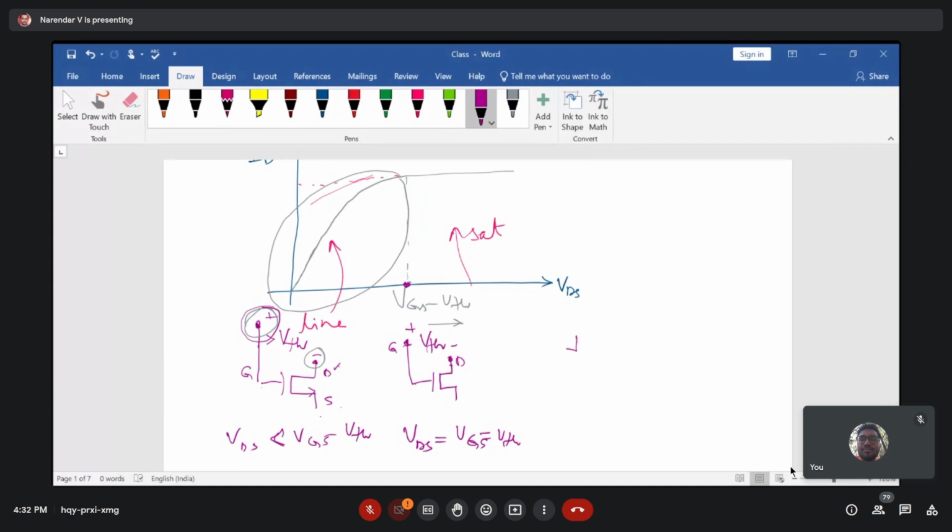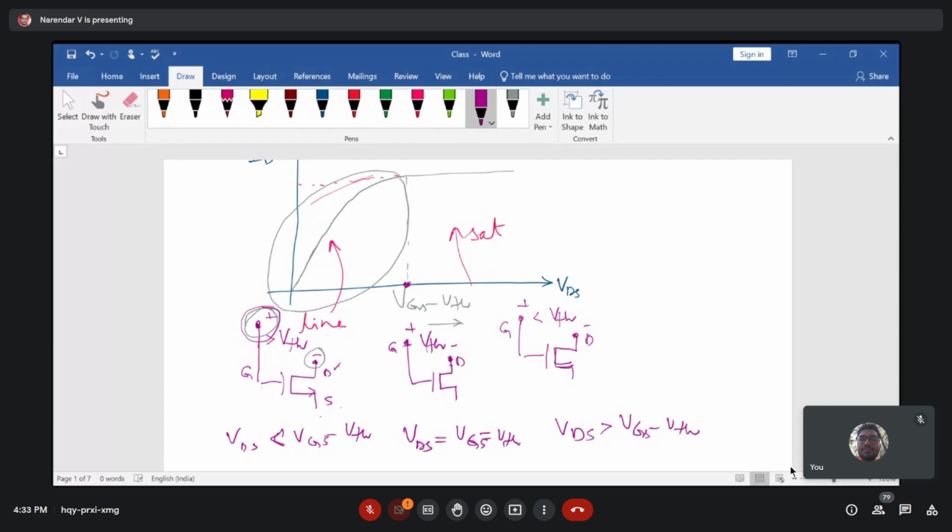Now I can consider another region of operation, where it is under saturation, where this is my gate terminal voltage and this is the drain terminal voltage. The condition here is that VDS is much greater than VGS minus VTH. If this is the case, then the gate voltage is less than the VTH voltage relative to the drain.